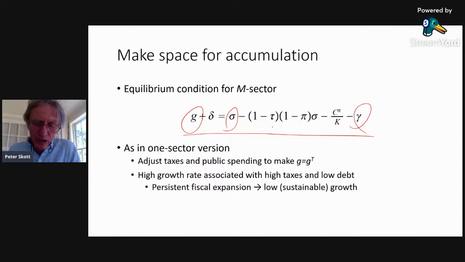That means we somehow have to squeeze consumption, either the consumption by capitalists or the consumption by workers here. So adjust taxes and public spending to make the equilibrium condition here satisfied when G is equal to the target rate.